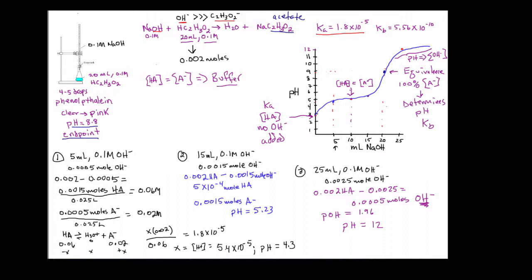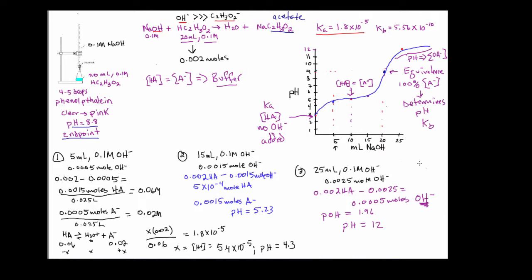A buffer solution is a solution that resists changes in pH when small amounts of either hydroxide or hydronium are added to that solution. Number one. Number two, the buffer solution must contain quantitative amounts of both HA and A minus, and that's the situation you have across this part of the graph.